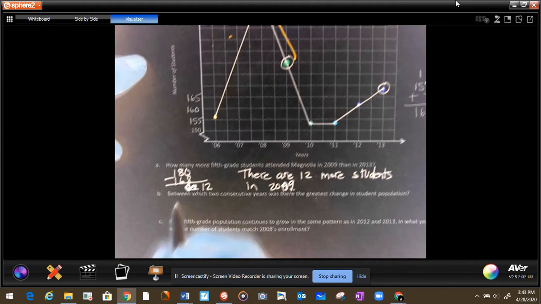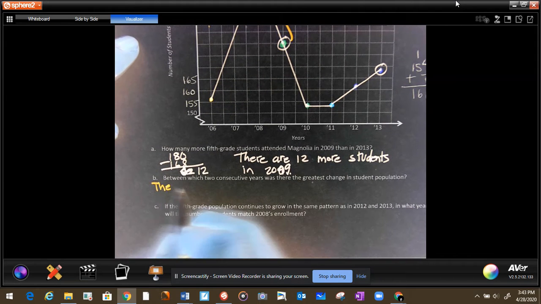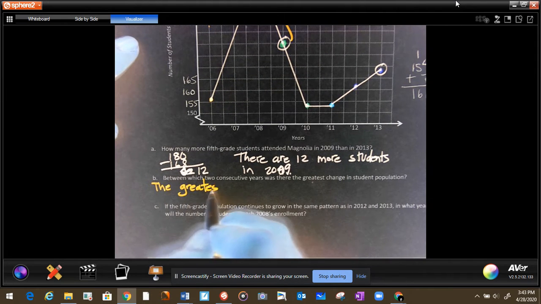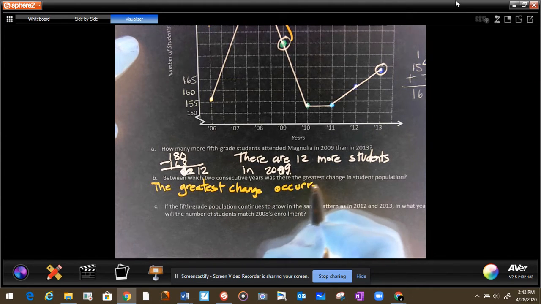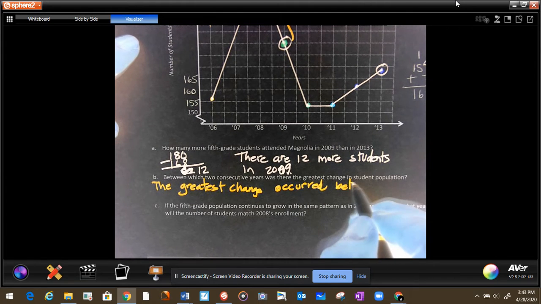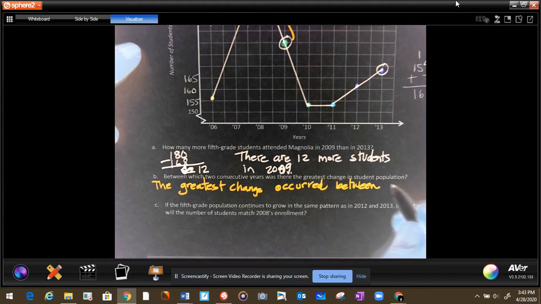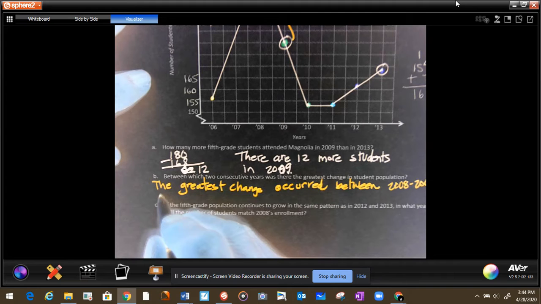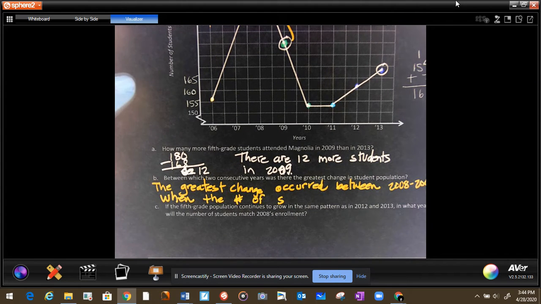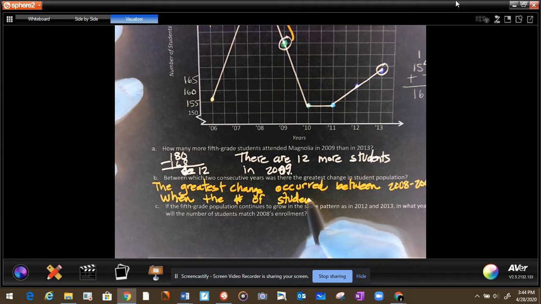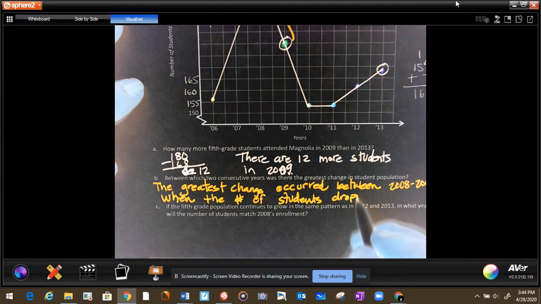The greatest change occurred between 2008 and 2009, when the number of students dropped by 30.